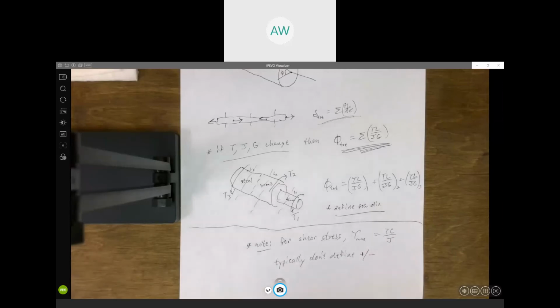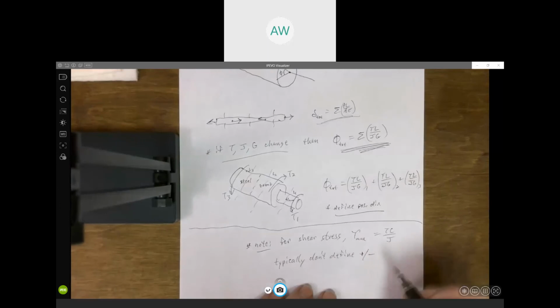You could have buckling if it's in compression. So that's why it was important to do so for normal stress. For shear stress, it doesn't matter. If the shear stress is one way or the other, it really does not matter at all as far as the material goes. So there's nothing to be gained by it, and that's why typically you don't ever see negative shear stress. It doesn't mean anything. We usually just refer to shear stress as positive. There's no need to differentiate between positive and negative shear stress.